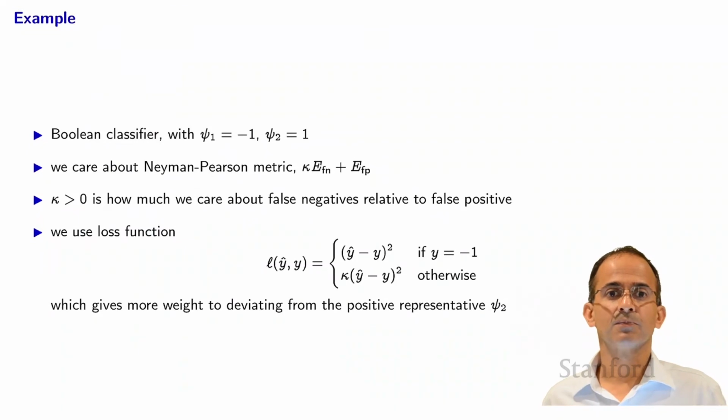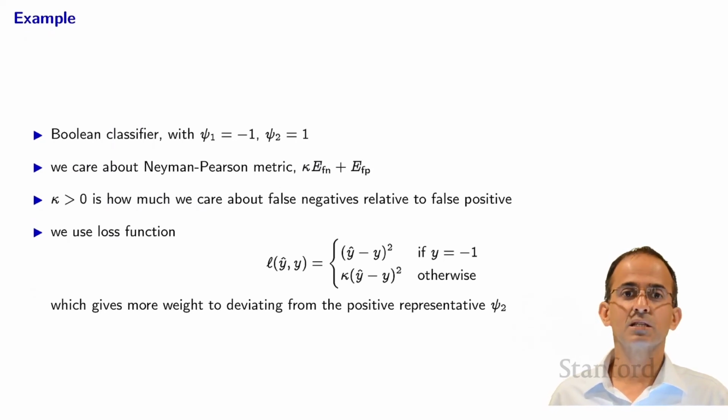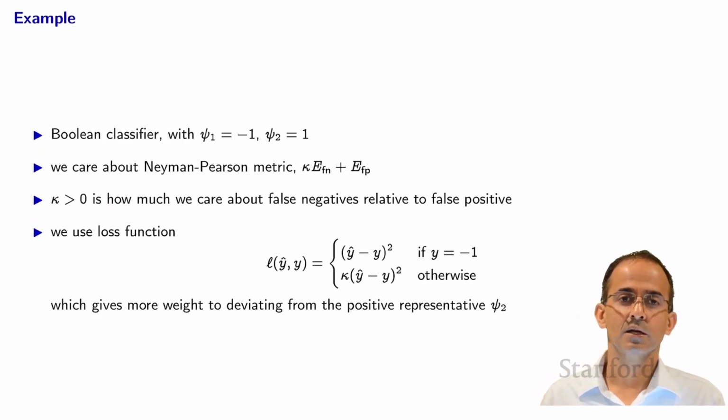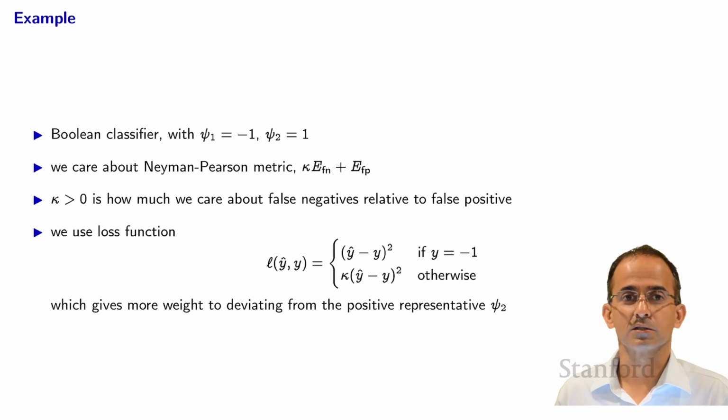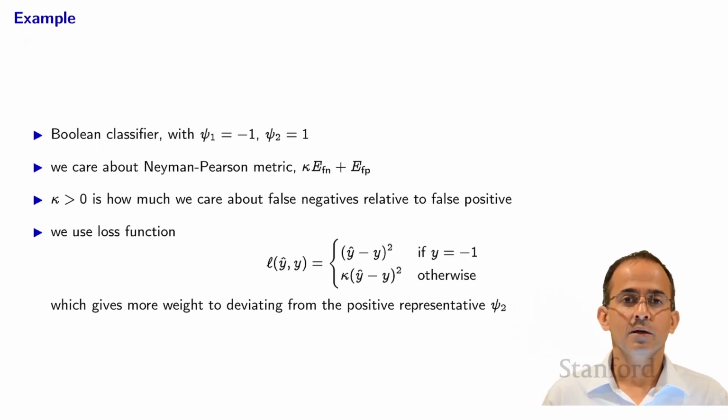So let's look at an example. Suppose I've got psi 1 is minus 1 and psi 2 is 1. We're going to care about the Neyman Pearson metric. Now, because this is Boolean, there are two types of errors we can make, the false negatives and the false positives. And our Neyman Pearson metric is going to be kappa times the false negative rate plus the false positive rate. Kappa is some number greater than 0.